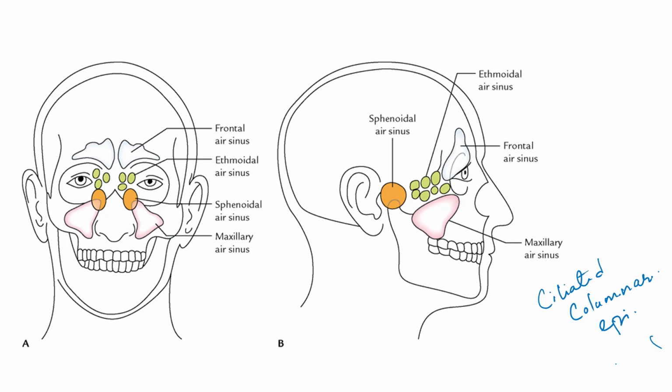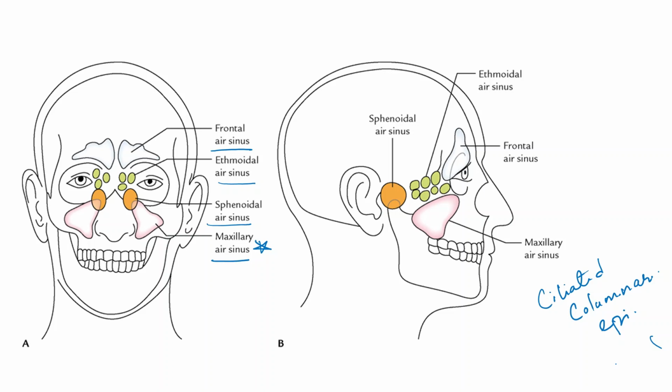As we can see in this diagram, the 4 pairs of paranasal air sinuses include the frontal air sinus, number 1. Next comes the ethmoidal air sinuses, the sphenoidal air sinus, and the maxillary air sinus. Among these, the largest of all is the maxillary air sinus.